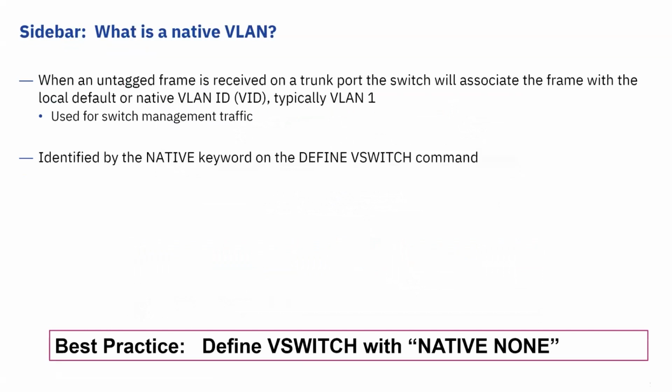If I don't have native none, then a mistake on my part could subject the network to risk. Okay, somebody's playing around and they do something which messes up the spanning tree protocol. There's all sorts of things going on inside a switch. If they mess that up, then my network is going to shut down, and I'm going to make people mad. Right?